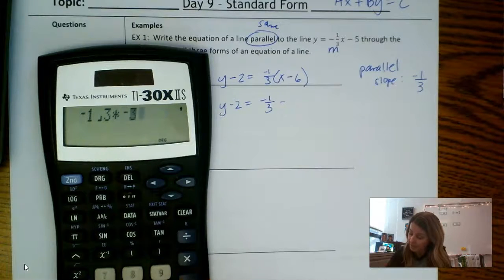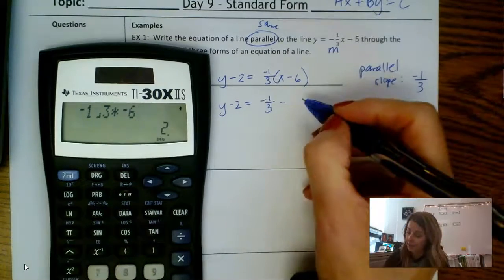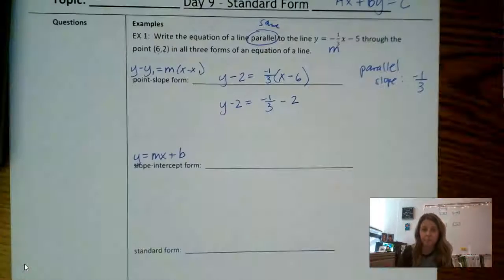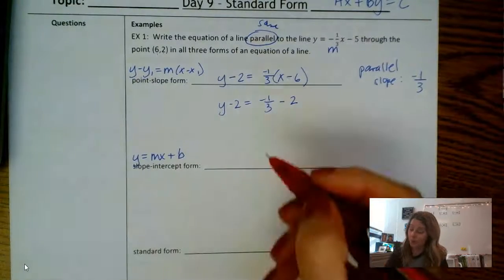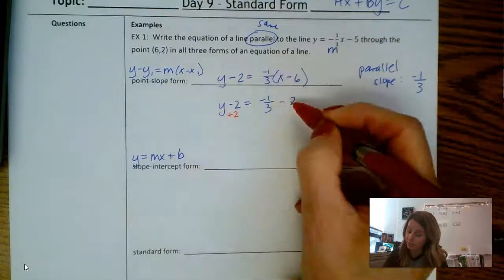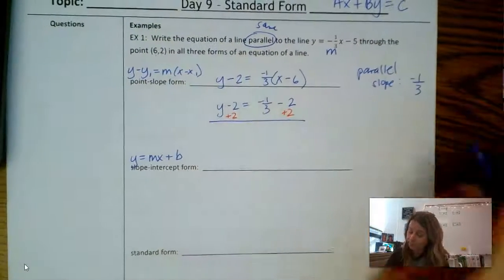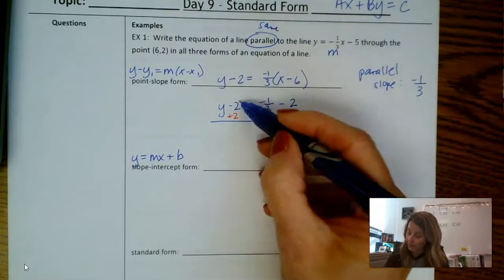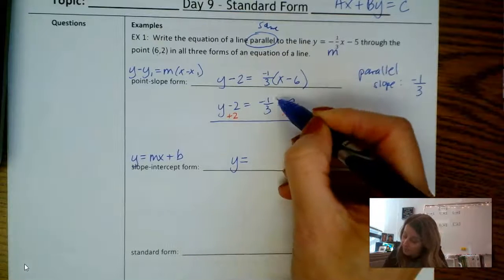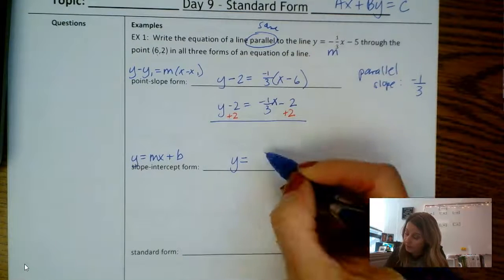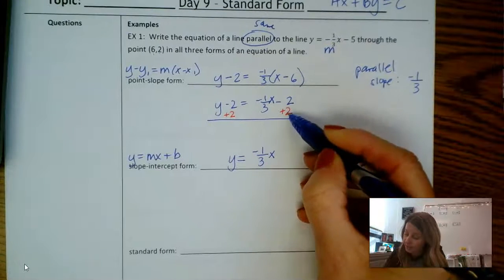Negative 1/3 times negative 6 is positive 2. Then remember, you're solving for y, so I'm going to move the 2 over by adding it to both sides. The 2's are going to cancel, and that will give me y equals, oh, I forgot my x right here, negative 1/3 x, negative 2 plus 2.